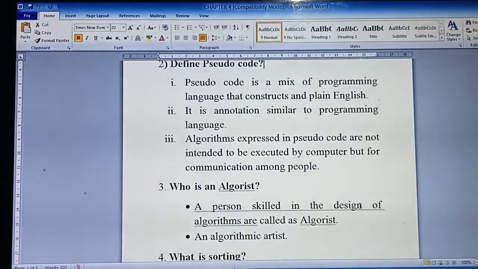Okay. So next one, an algorithmic artist. Write fast.